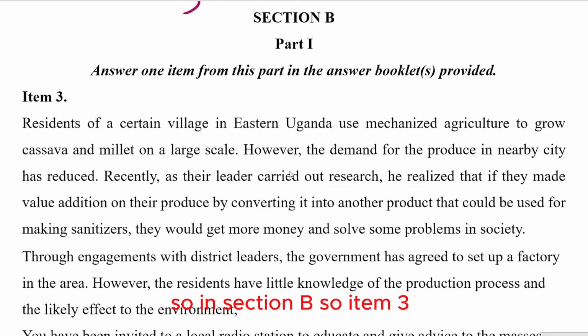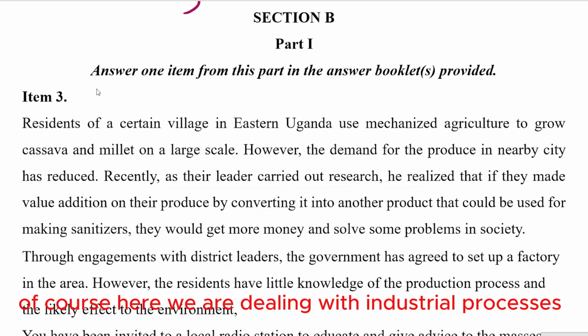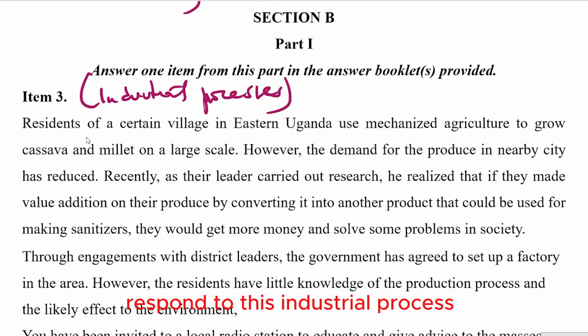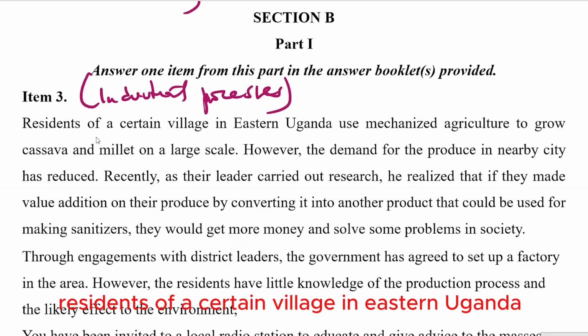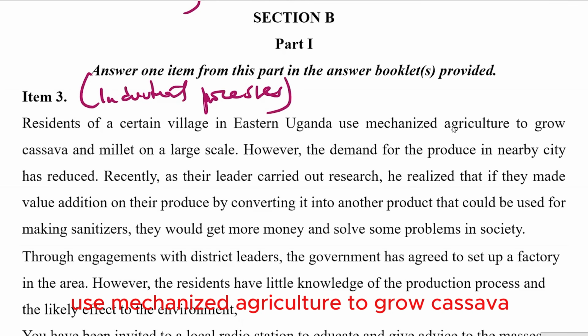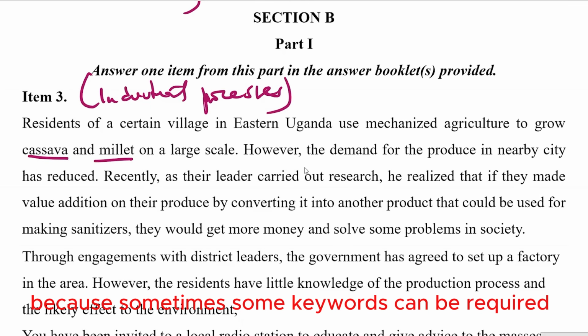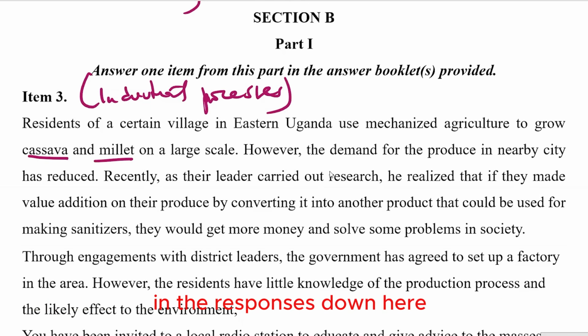In section B, item 3, of course, here we are dealing with industrial processes. So watch to the end as we dive into how you respond to this industrial process. Residents of a certain village in eastern Uganda use mechanized agriculture to grow cassava. So underline those keywords. Read the whole statement because sometimes some keywords can be required in the responses down here.